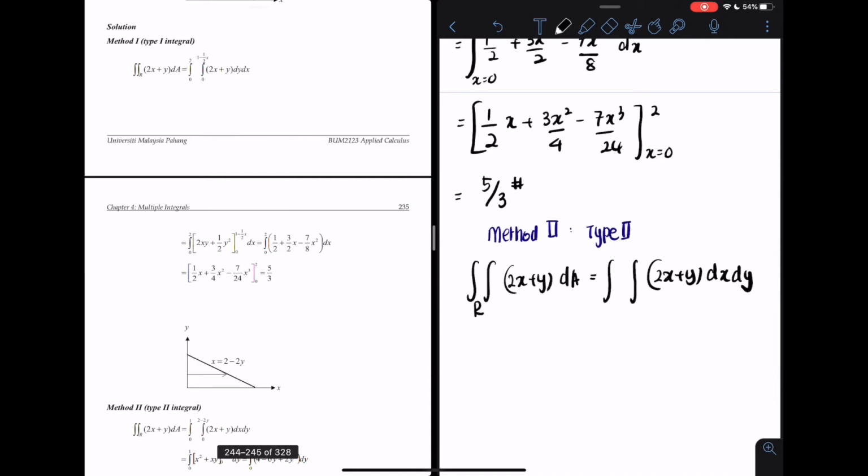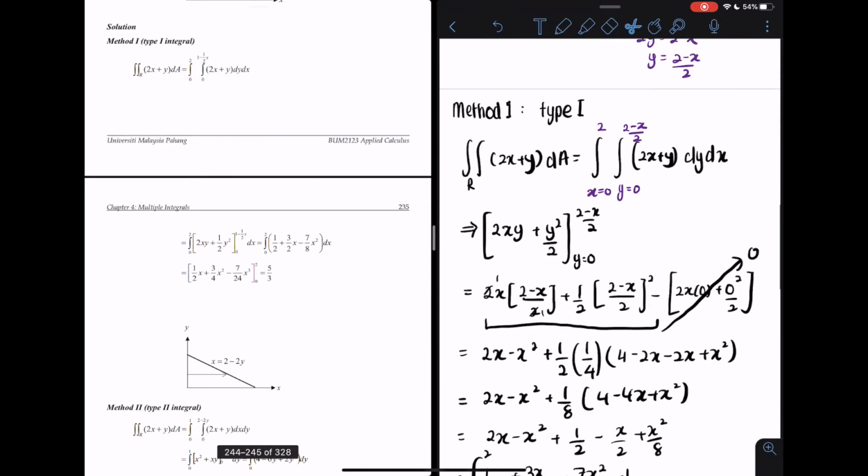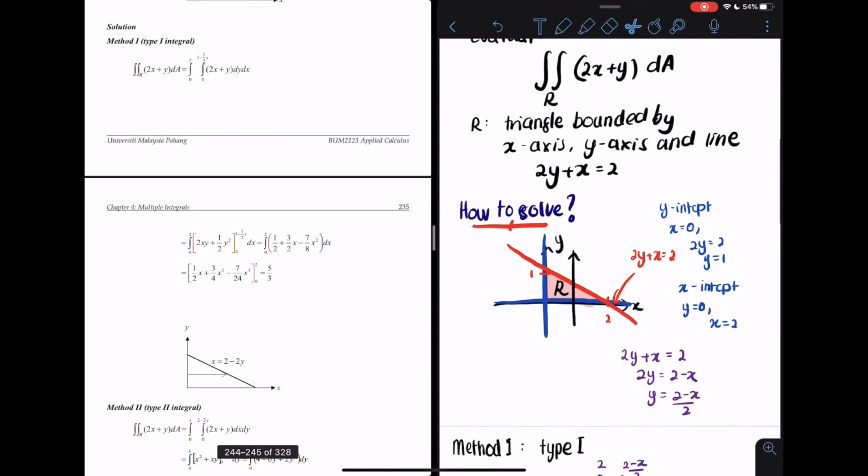Okay, so I leave some space over here because I want to put the values for the limits later. Okay, so let me copy the figure that we have sketched together earlier.